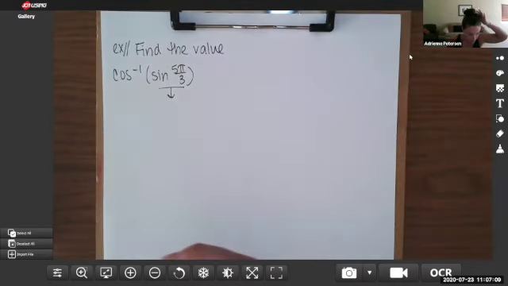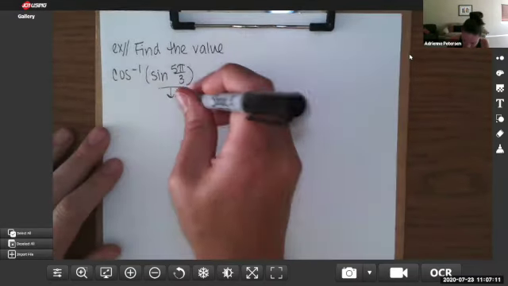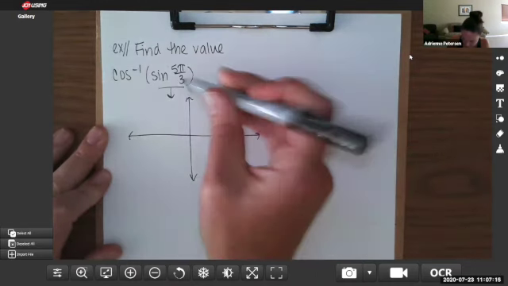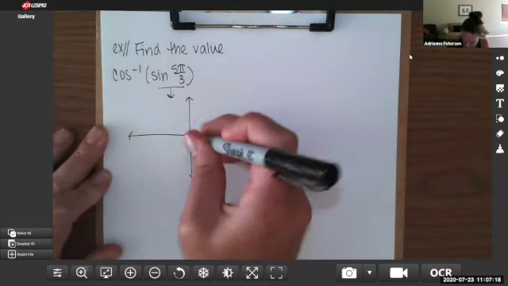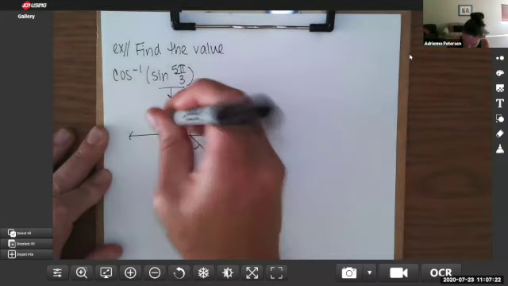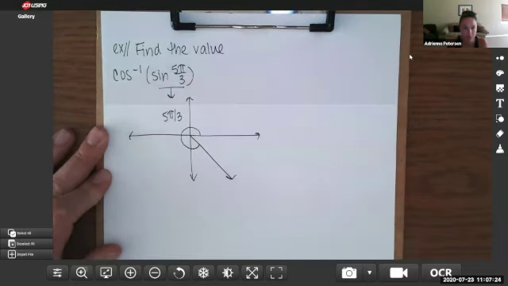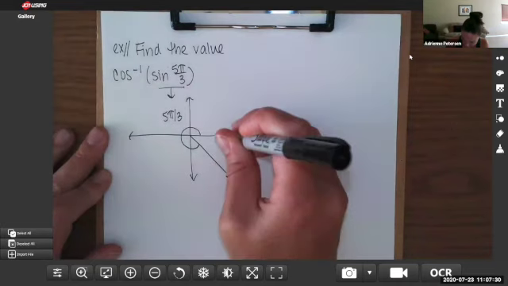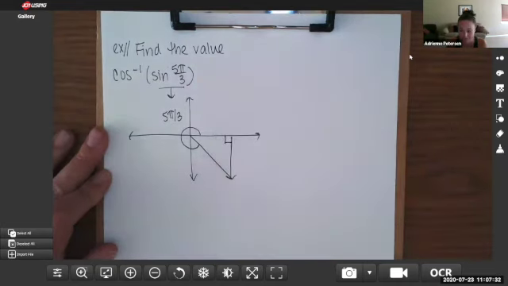5π/3, that is 1 2/3 pi. So let's draw a picture. So 5π/3 is 1 pi plus 2/3 more. We are asked to find sine of this angle, so we know how to do this. We drop a perpendicular to the x-axis, forming a triangle.